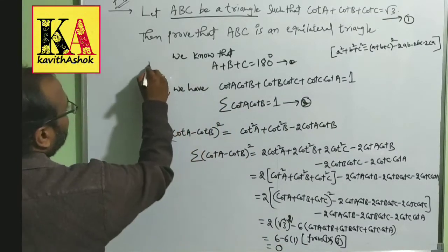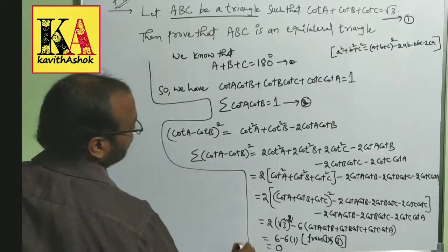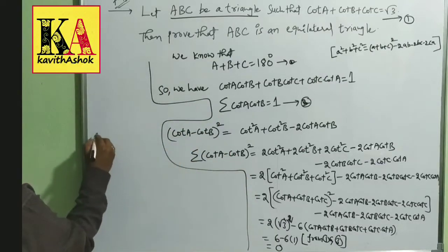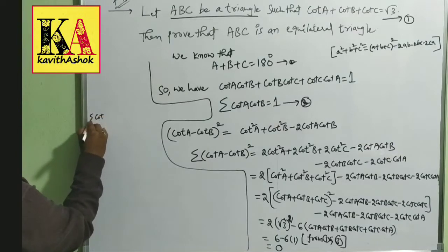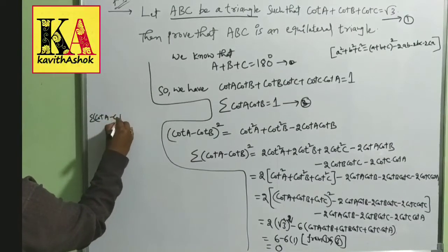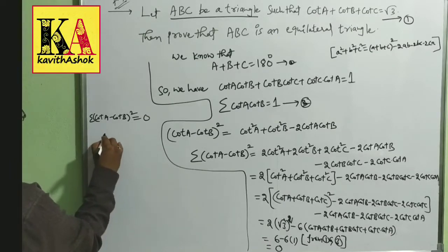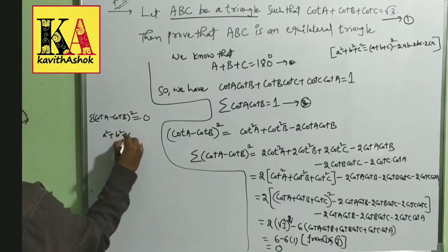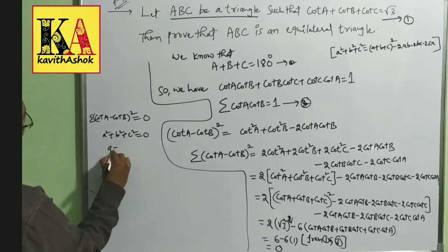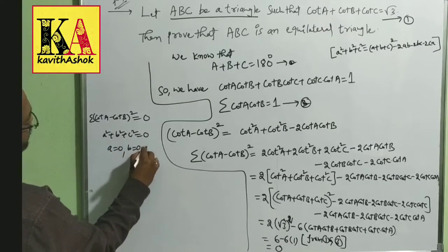So finally what we get here is sigma cot A minus cot B whole square equal to 0. Whenever a square plus b square plus c square is equal to 0, then automatically a value will be 0, b value will be 0 and c value will be 0.